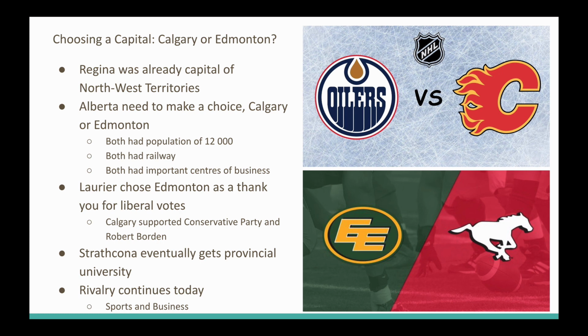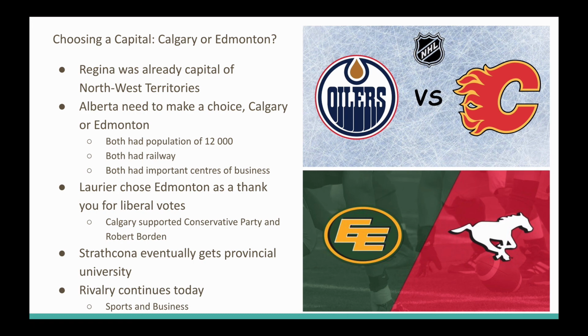And that's why today the city of Edmonton has both the capital city of the province and the provincial university. And that rivalry now is going to be much stronger, because now the people of Calgary are going to be very upset. And that rivalry still continues today, especially in sports and in business.